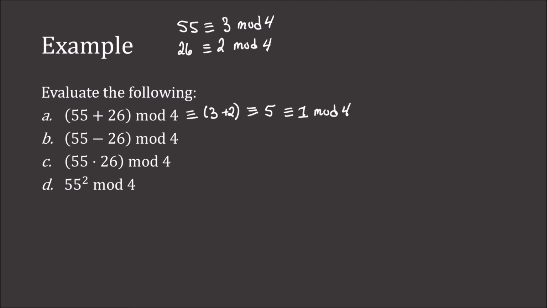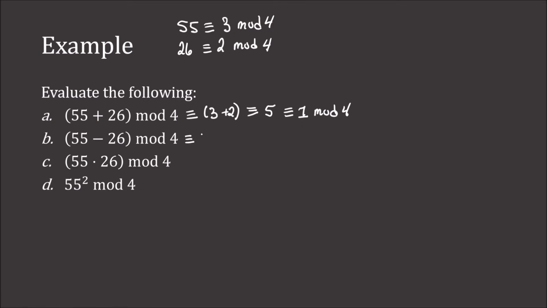So this is what was meant by, we will typically leave out the mod. I've said this is congruent to 3 plus 2; it's understood that it's all mod 4. So we look here, 55 minus 26.